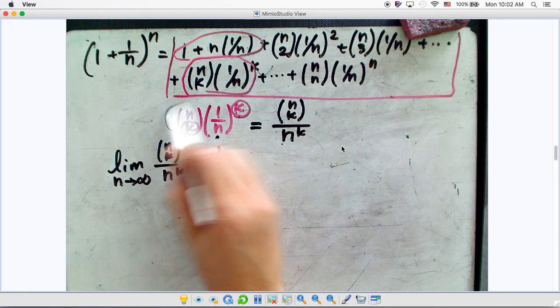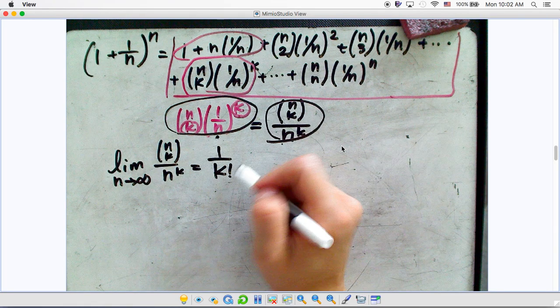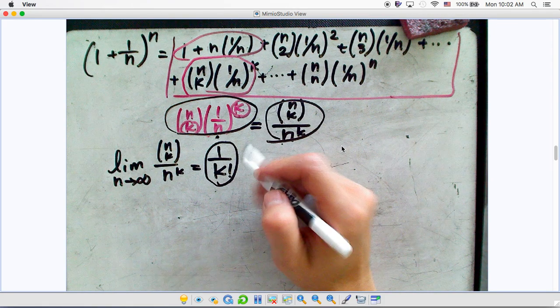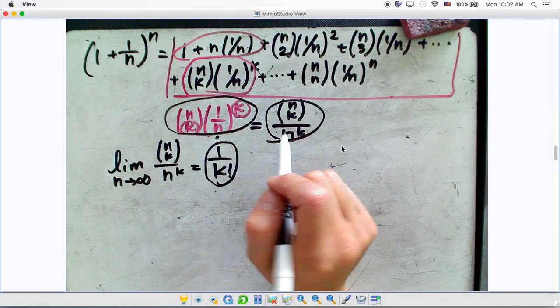So by Lemma 3.11, it's equal to 1 over k factorial.